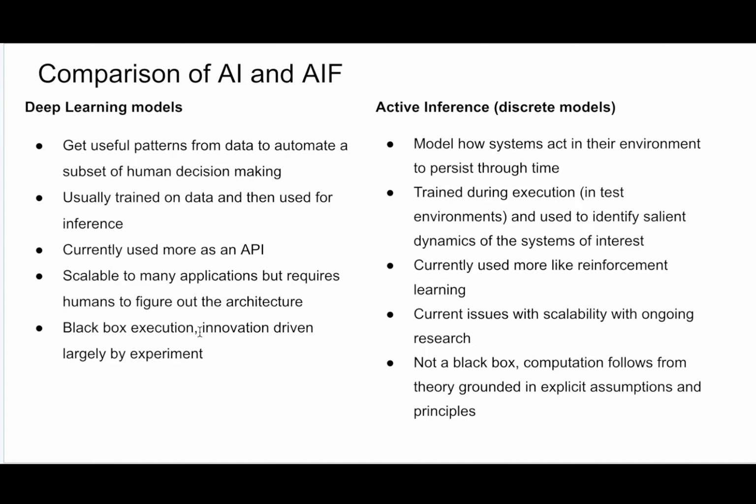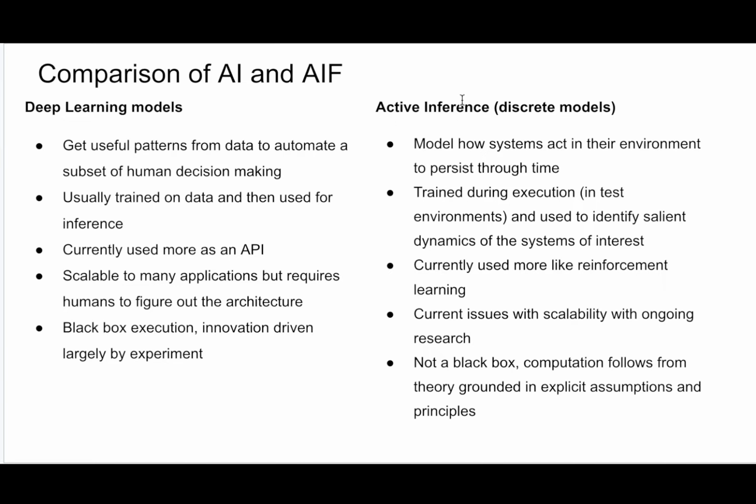And we can also argue that innovation in deep learning is largely driven by experiment rather than first principles, although there's definitely some first principles thinking present in deep learning models.